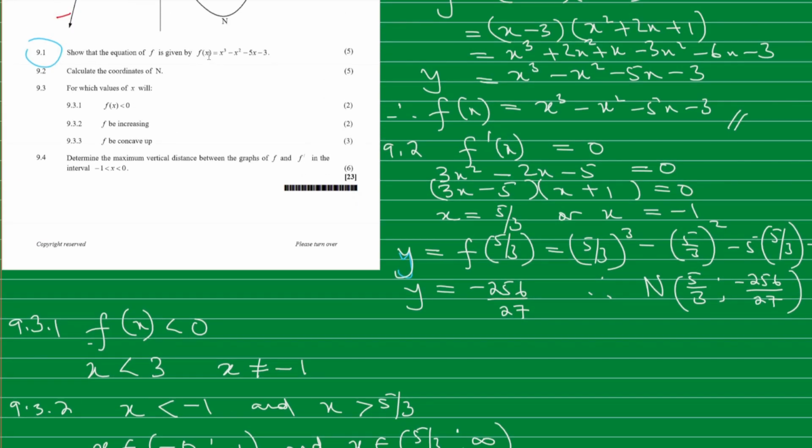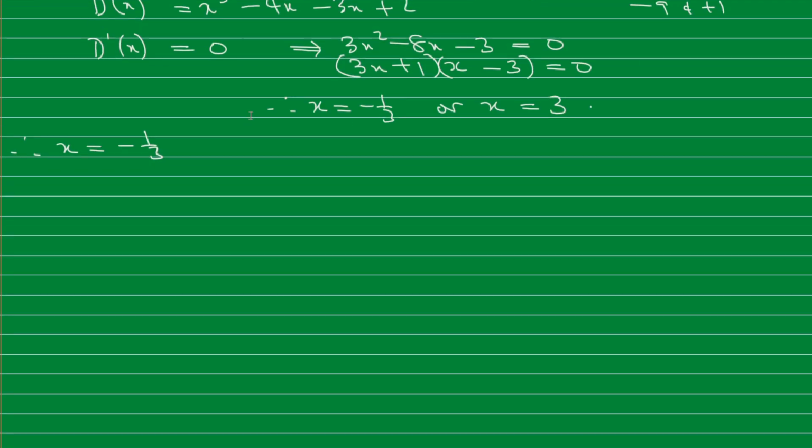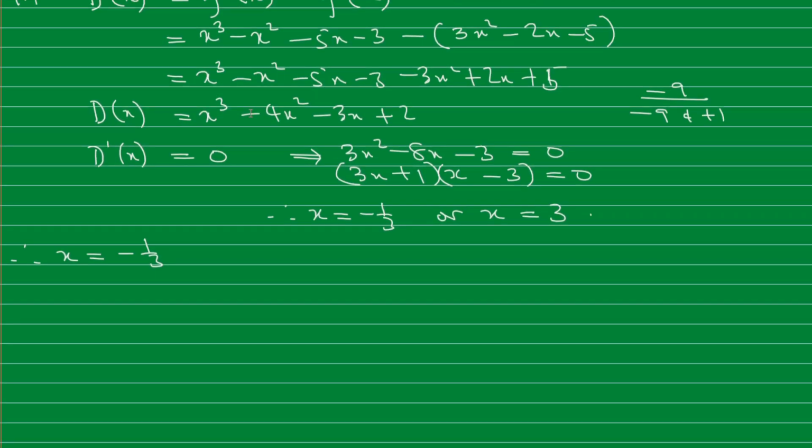Well, they are asking us to determine the maximum vertical distance between the graphs. So now for us to get the maximum vertical distance, this x value is the value that gives us the maximum.